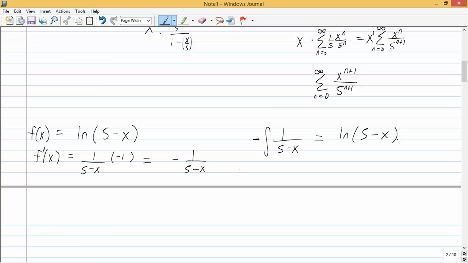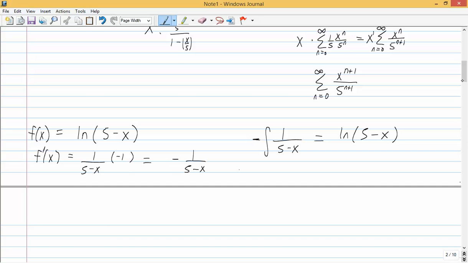And so if we can figure out a power series for 1 over 5 minus x, and we stick a negative in front and take the integral of that, that will give us the power series for natural log of 5 minus x.